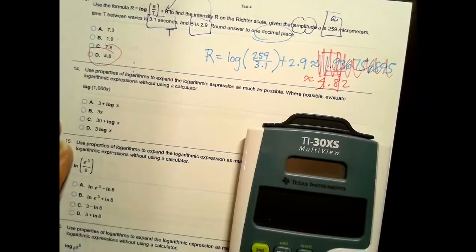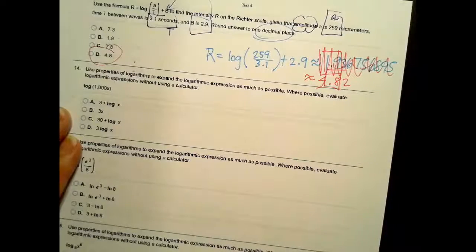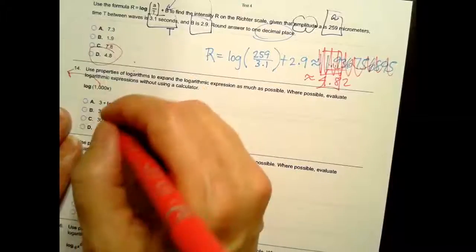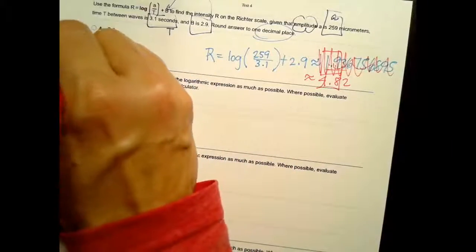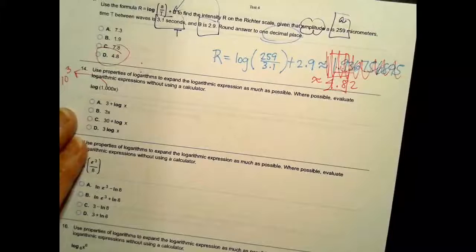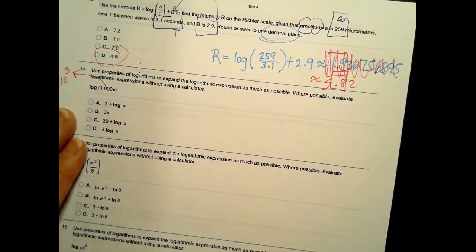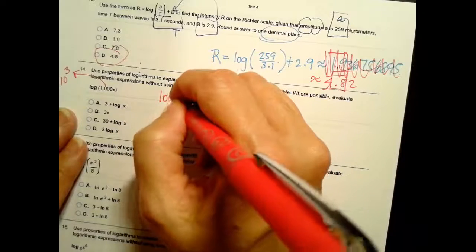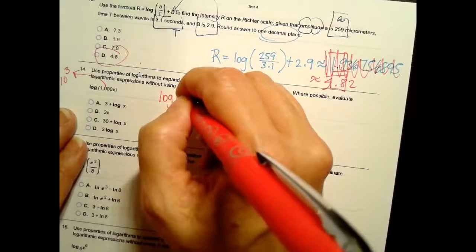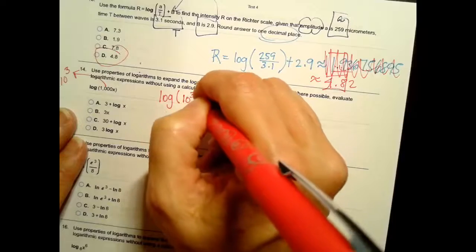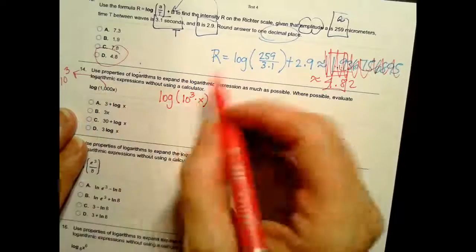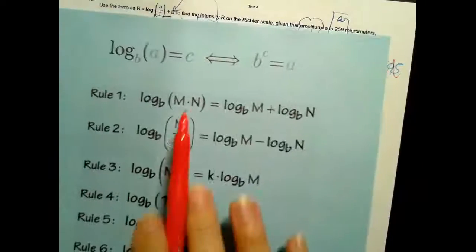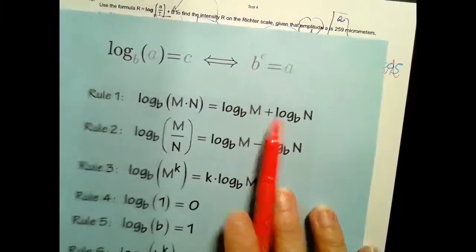Okay, next. So here we go again. I see something that's making me think I need exponents. 1,000 is the same as 10 to the third. Okay, 1,000 is the same as 10 to the third. So this is log of 10 to the third times x, because 1,000x means times. And if we go back and we use our product rule right here, it says break them up and put plus.